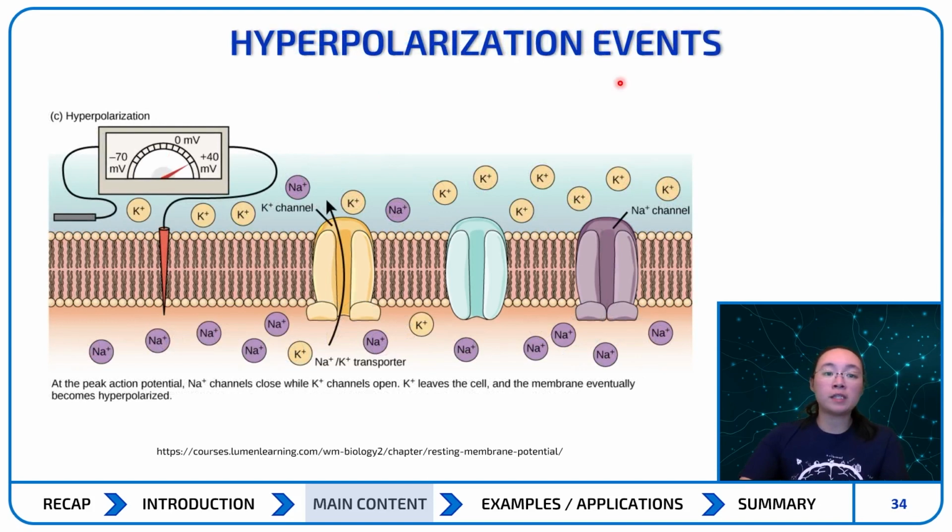A hyperpolarization event is when, for example, your potassium ions leak out and you end up with a bunch of potassium ions on the outside and a bunch of sodium ions on the inside. In this case, it's hyperpolarized. Now you have too many potassium ions outside, so now you have a plus 40 millivolt reading. In that case, it will slowly go back to resting potential.